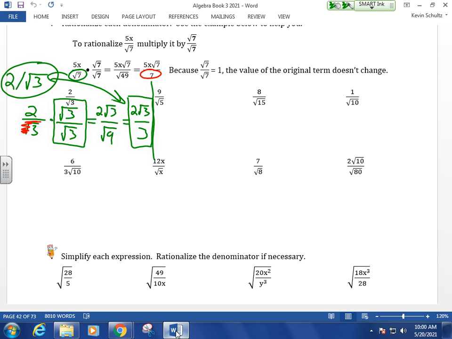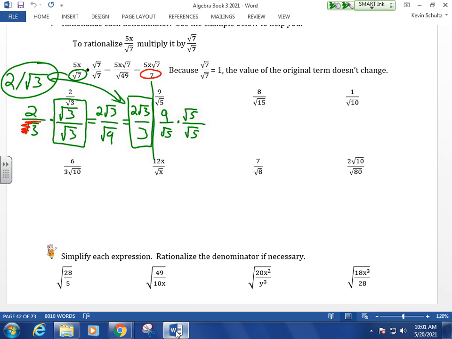Okay. 9 over root 5. What are we going to multiply by to rationalize this denominator? Sydney? Root 5 over root 5. And so maybe this is where Peter's asking, can we skip some steps now?